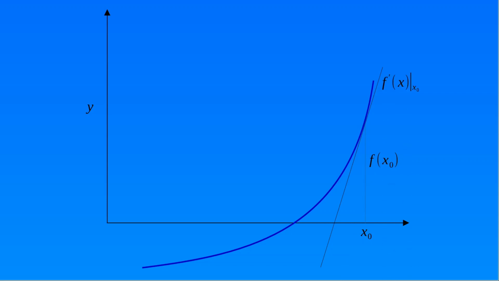And that's going to be the derivative of the curve. The tangent is nothing but the derivative of the curve. And this tangent meets the x-axis here. Therefore, this is our next estimate of where the root would be. Of course, we keep estimating this way.